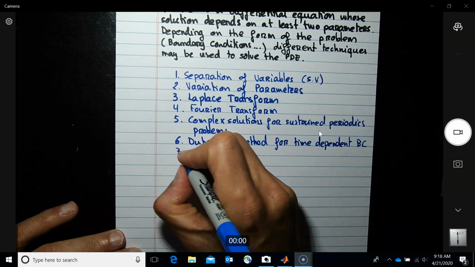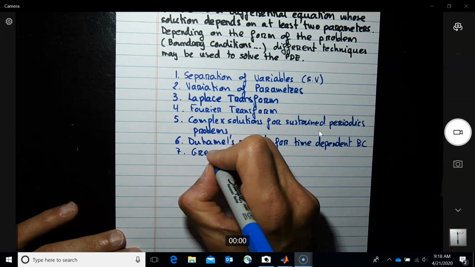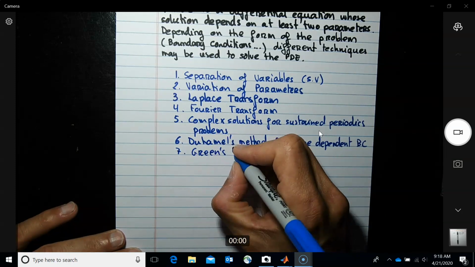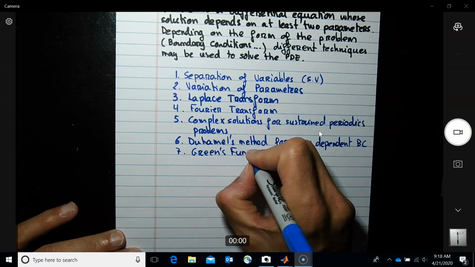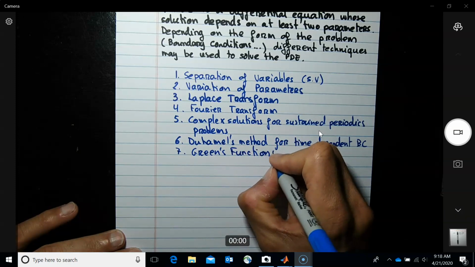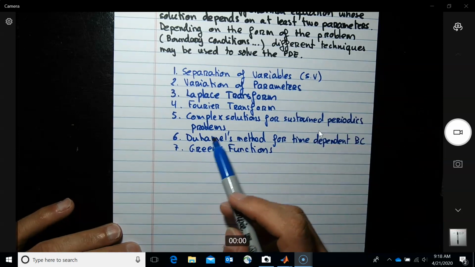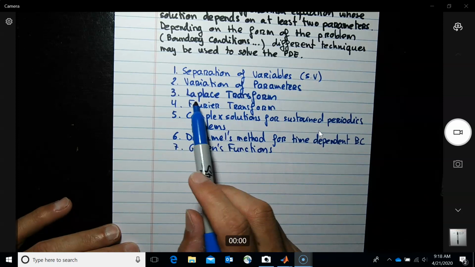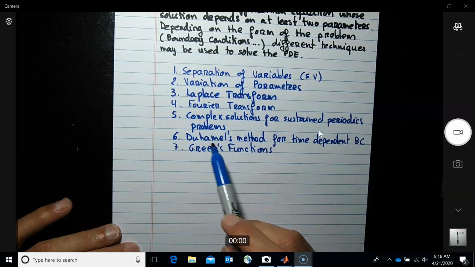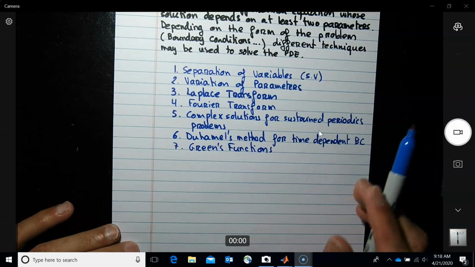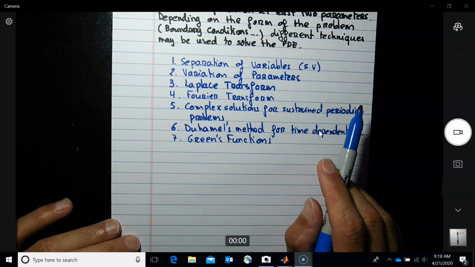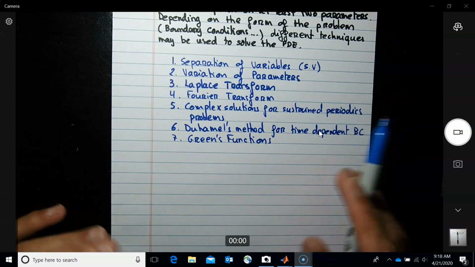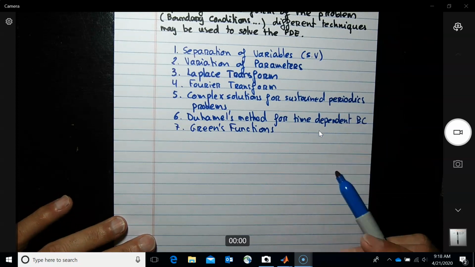And let's say, there's more, but let's look at the Green's function here. Basically, if you look at all these ones, except the Duhamel and the complex solution, separation of variables, variation of parameters, Laplace transform, Fourier transform, Green's function is basically how you assume the form of the solution, and then you go through a different method.